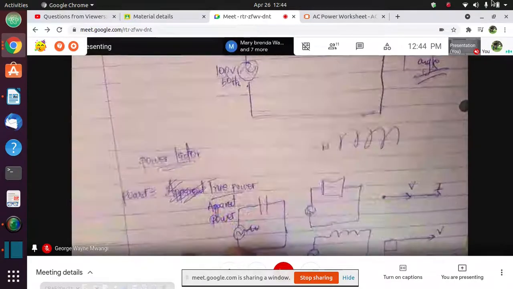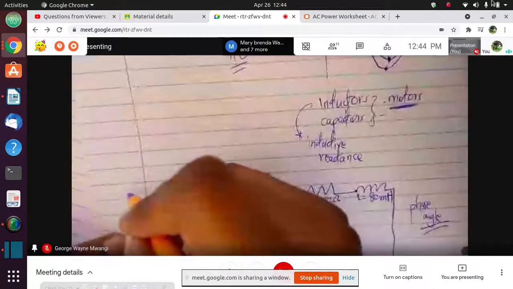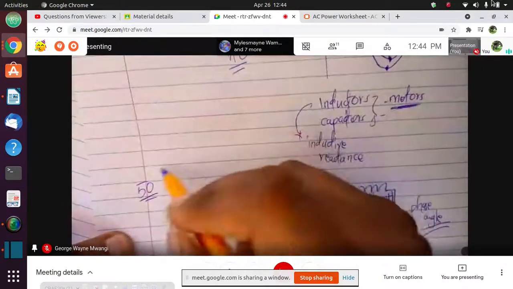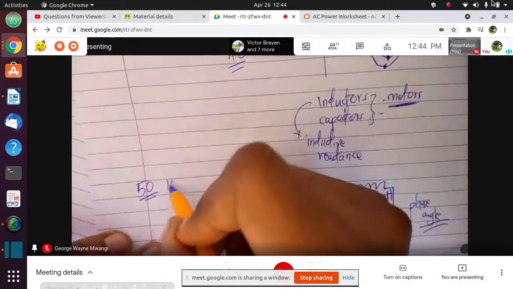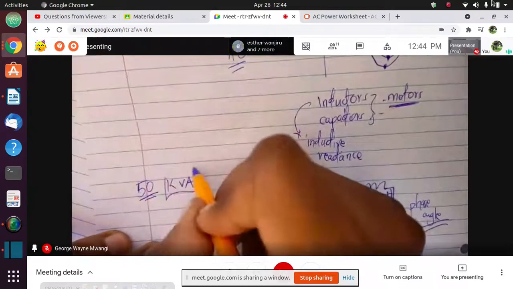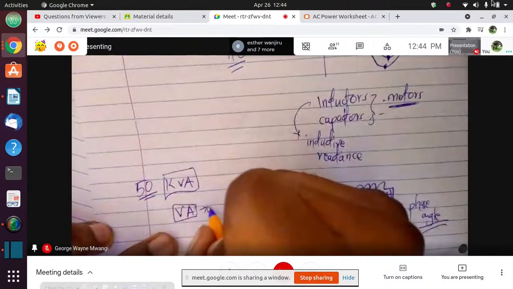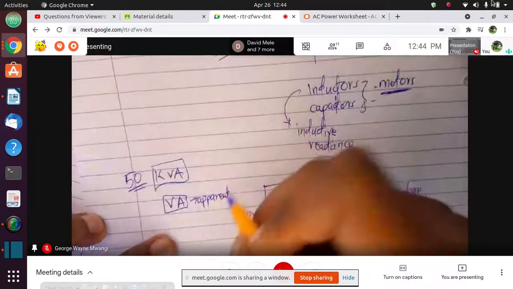We have heard that true power, for example, you are being supplied 50 by KPLC. In your industry you are supplied 50 kilovolt amperes. Volt amperes is the unit for apparent power. Please note this. Volt amperes is the unit for apparent power.